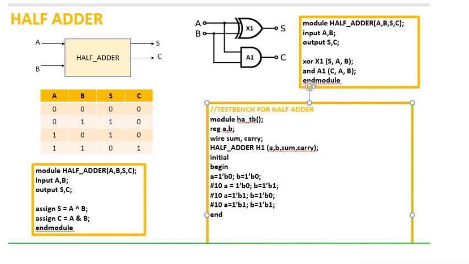Is it okay? So this ends the initial block, and finally end the module. Okay, so this is the test bench program for the half adder.